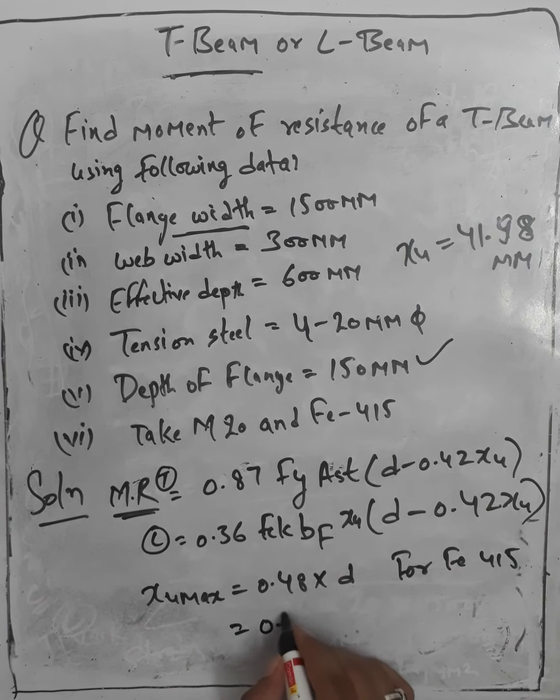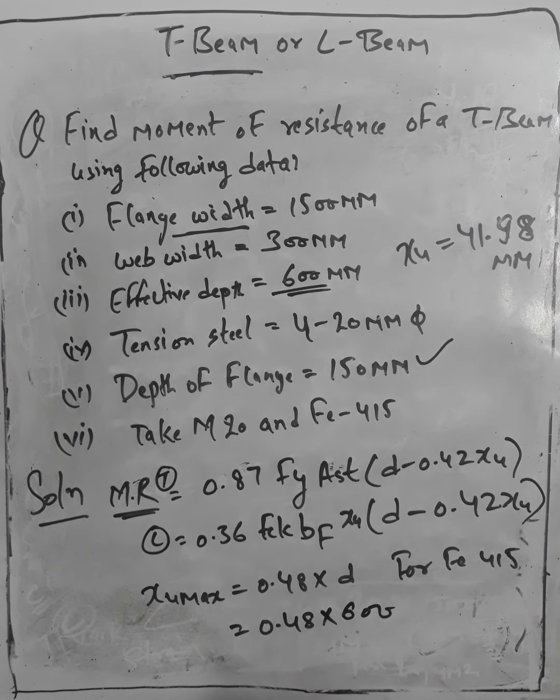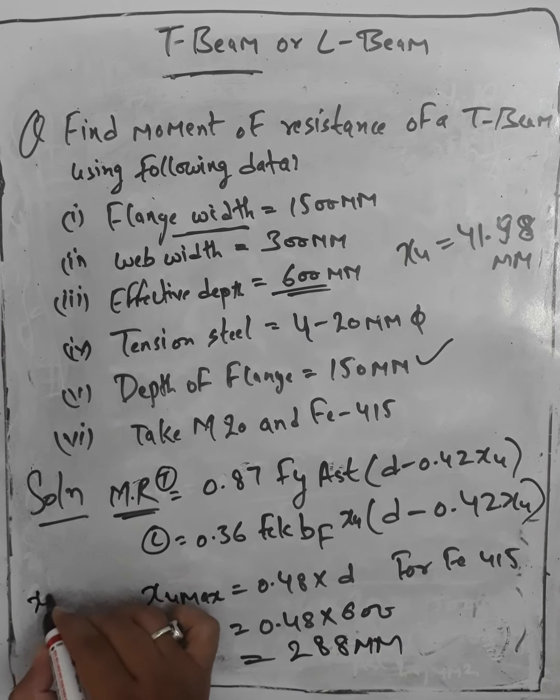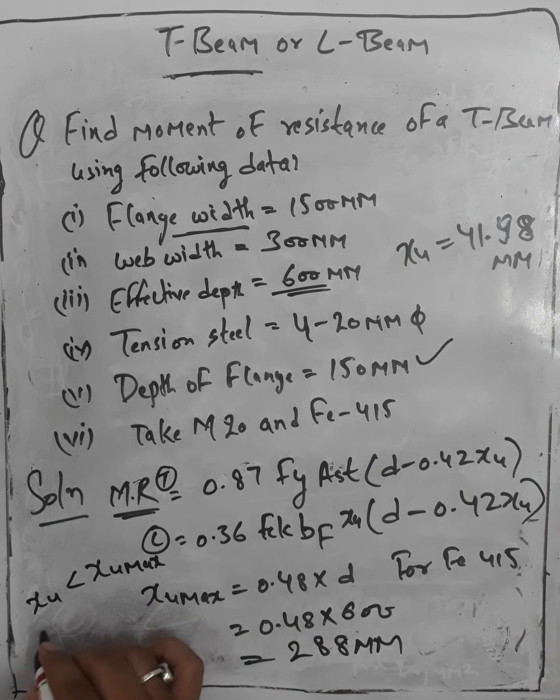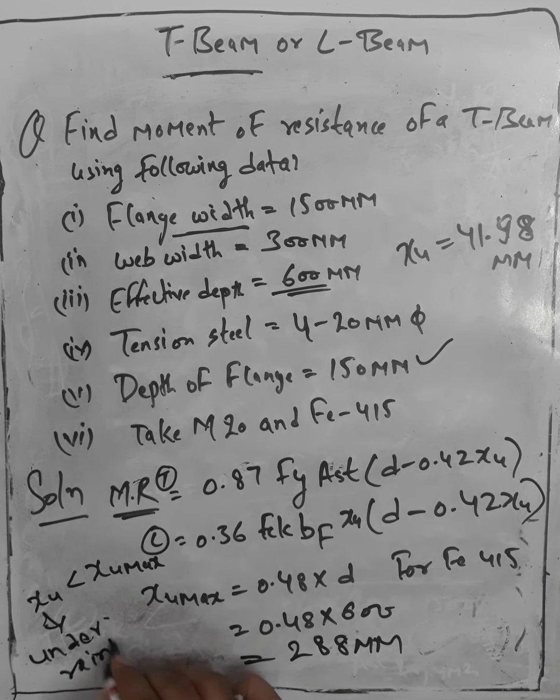So here 0.48 into D, D is effective depth and effective depth is 600. When you solve this equation, you get 288 mm as the XU max value. So here we get XU is less than XU max. That means we have to design an under reinforced section.